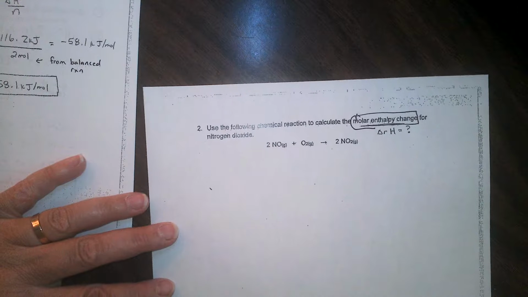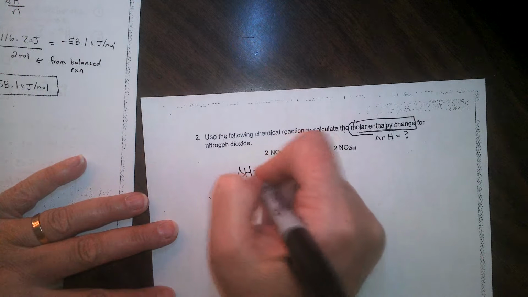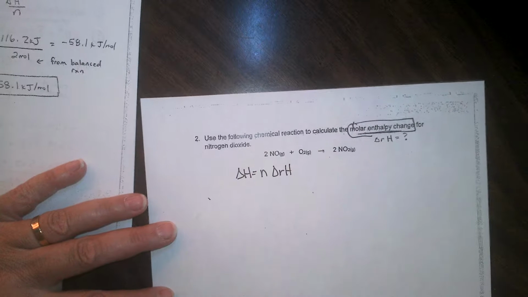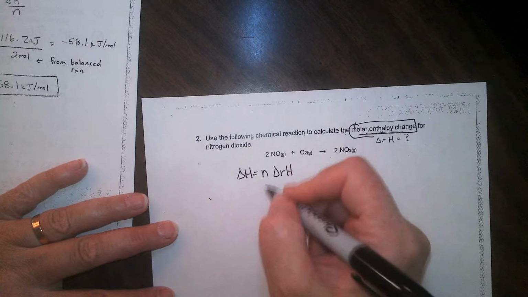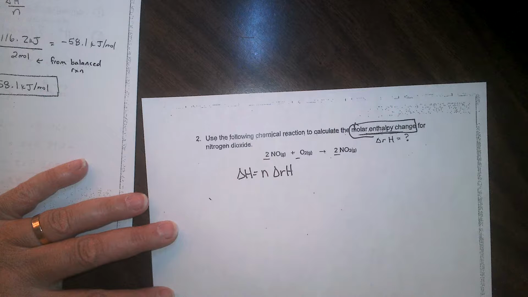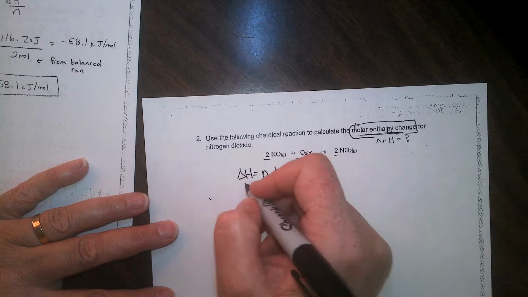So we're no longer looking for delta H, we're looking for delta RH. Delta H is equal to n delta RH. That's the formula that we can use. We have n, we have the number of moles in the reaction for each product or each compound. What we don't have is delta H.